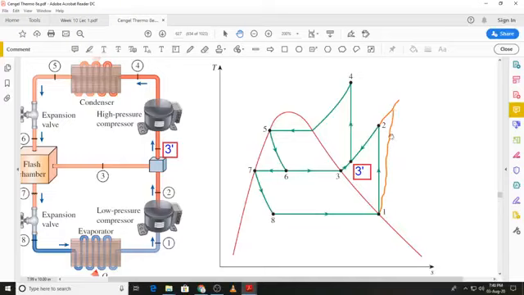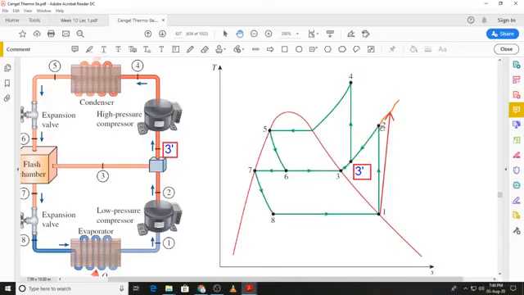You can probably delete this and just show it by a straight line, although it will be a curved line, but we can show it like this. So state point 2 will be like this. That means it will have an increased entropy and also an increased temperature corresponding to the state point 2s.